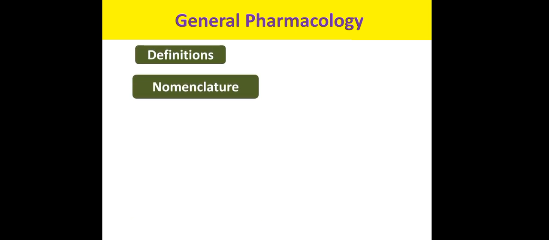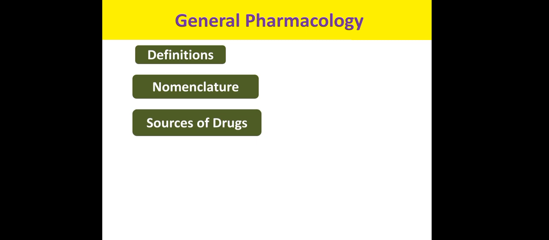Now, general pharmacology is very essential. You can say that it is a platform or pillar for understanding pharmacology because it encompasses the various basic definitions and terminologies in pharmacology, then nomenclature, the different nomenclatures that you will encounter repeatedly throughout the teaching-learning of pharmacology.